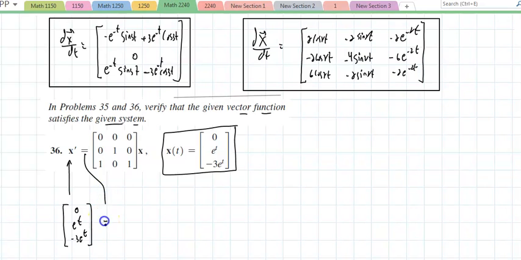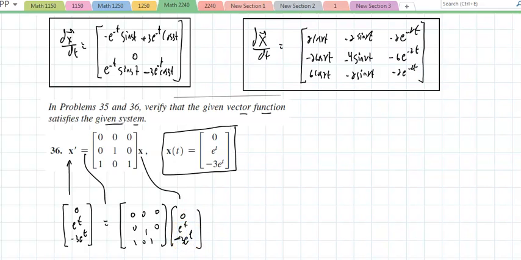That should equal the matrix multiplied by x. Isn't x 0, e to the t, negative 3e to the t? And if I really look at this, 3 by 3 times 3 by 1, the outcome is 3 by 1.